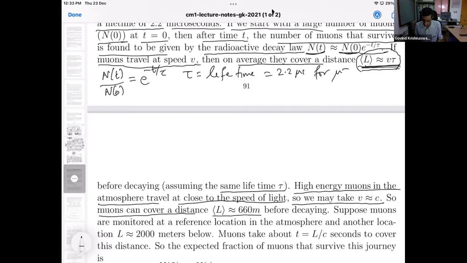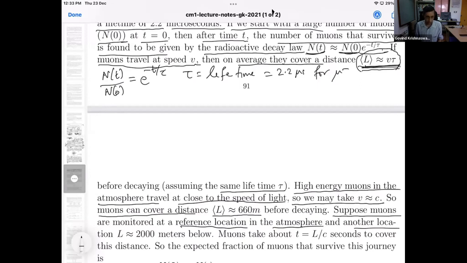All right. Now, suppose the muons are monitored at 2 heights in the atmosphere. Maybe one location may be a reference location, at the top of a hill or mountain, and another location which is below, maybe on the ground or in a mine, some gold mine or coal mine below the ground.